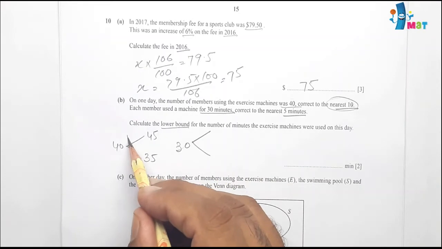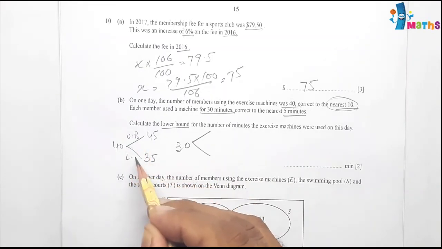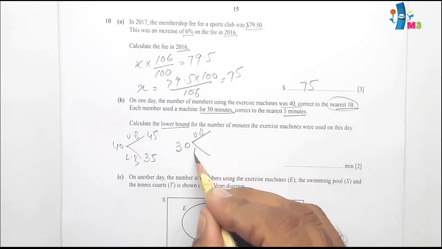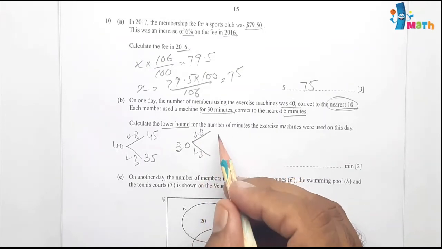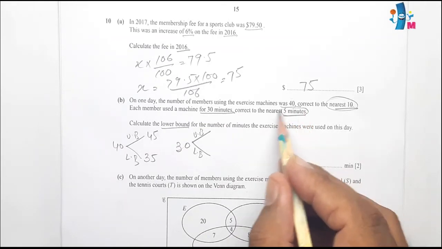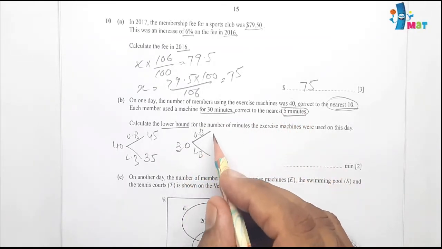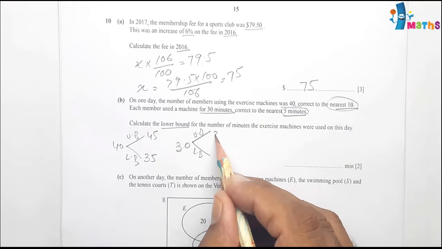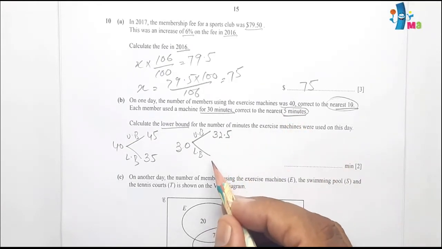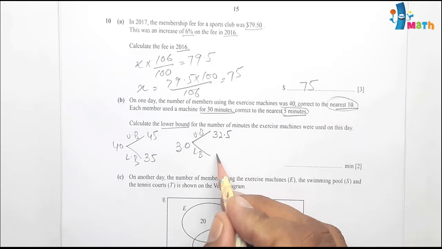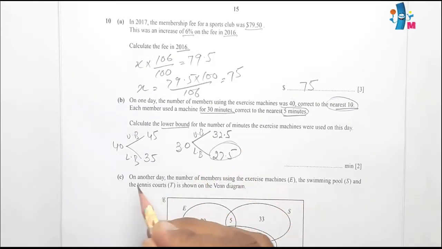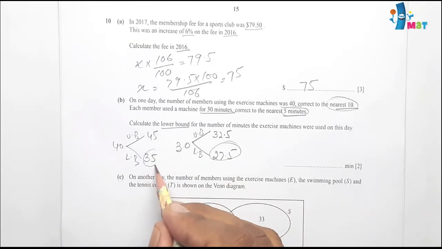Because this is the nearest 5 minutes, the upper bound will be 32.5, because half of 5 we are adding and subtracting, and the lower bound is 27.5.